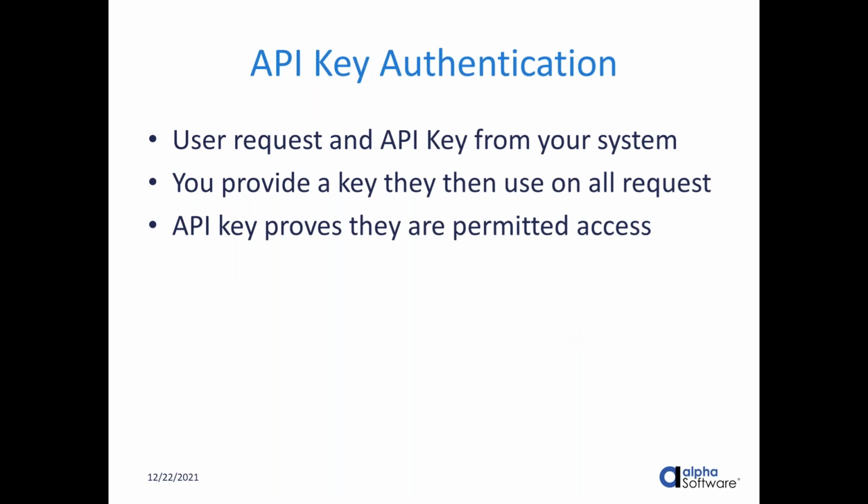With API key authentication, there's a few things you need to set up. In this case, talking about a workflow, the way the API key would go out is somebody requests an API key from your system. So maybe they have to sign up, register, and log in, create an account with you, and then generate an API key.